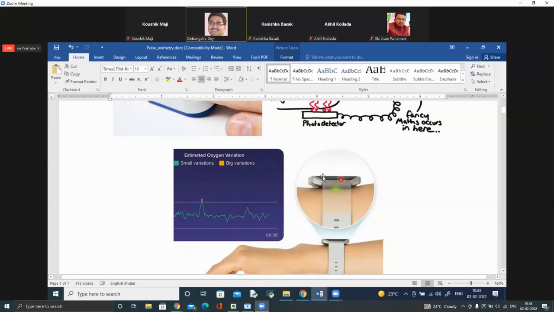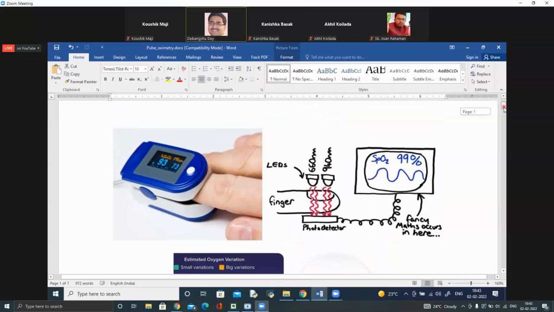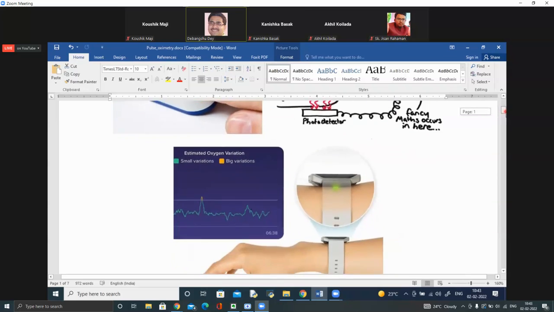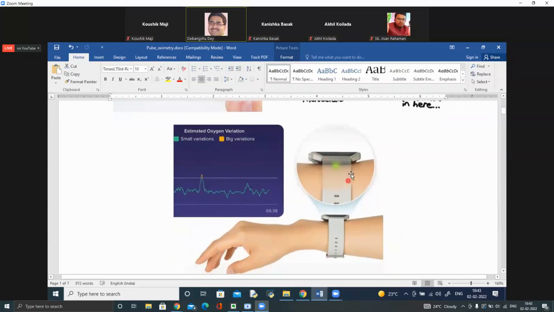So smartwatches are actually building on that particular algorithm. You can add so many things: SpO2, pulse rate, and now they are also proposing ECG monitoring. I do not know how accurate they are, but it can be.